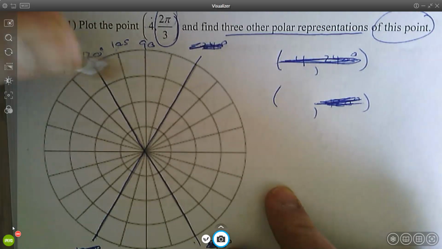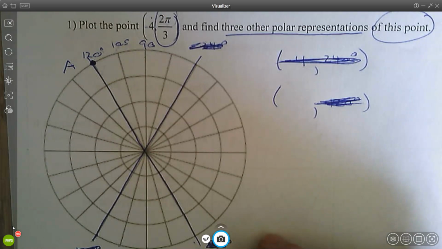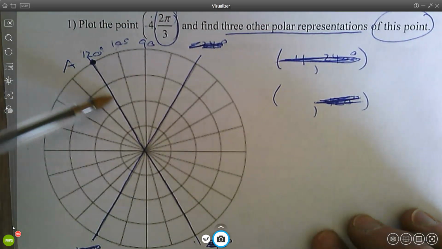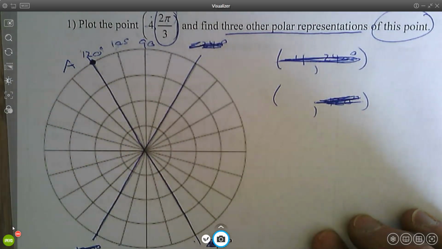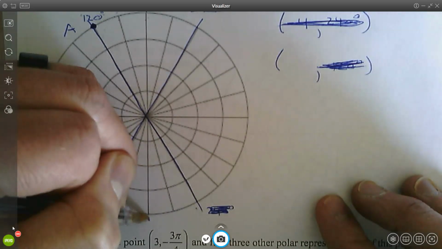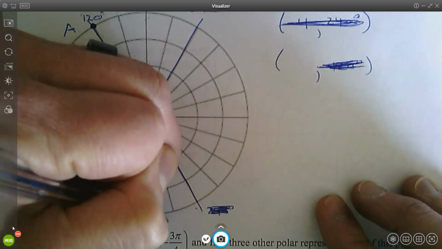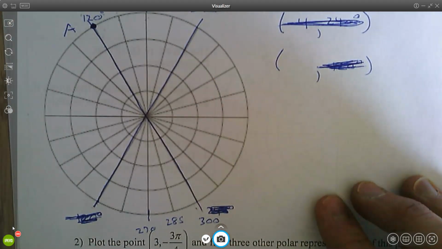We need to come up with 3 different ways, not using 4 and 2 pi over 3, to end up at point A. So the first thing you're going to do is, if you draw that line all the way through the pole, if this is 120 degrees, we know this is 270 plus 15, 285 plus 15, 300.